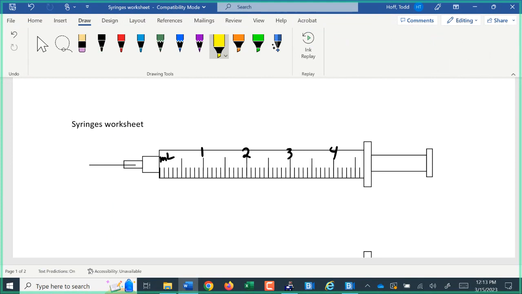So what we do is we look at two labeled markings. That would be the 1 milliliter and the 2 milliliter here. We try to avoid the 0 milliliter because a lot of times at the beginning of the syringe it's tapered and it's really hard to see. Those first couple of markings might be absorbed in that taper. So typically we'll start from 1 and go to 2, or from whatever the second labeled marking is and go up to it.